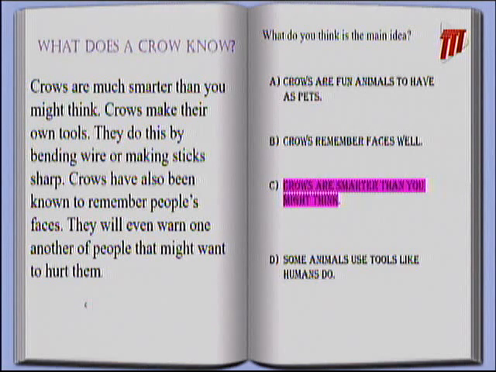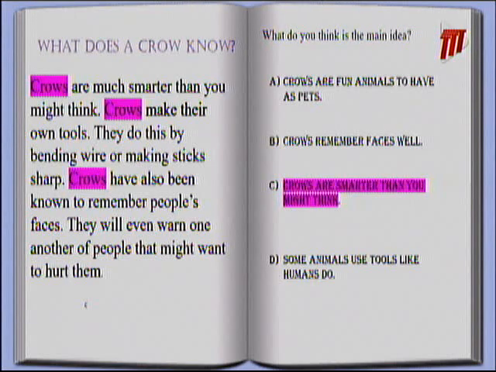So let's analyze this piece now and see what it's going to tell us to prove that that is actually the main idea of the piece. Right? So first of all, you have the repeated ideas. Everything here is about crows. So crows are smarter than you think. You know it has to be something to do with crows because that's our topic, as we would have spoken about before.